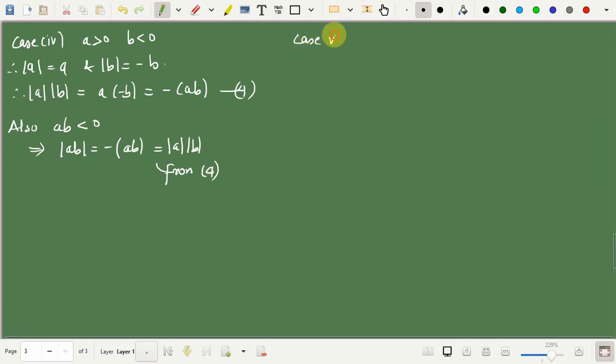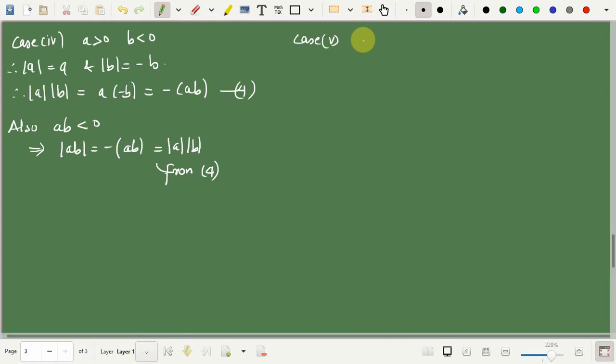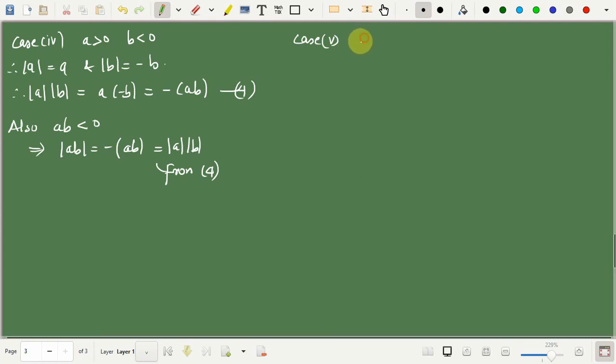Now case 5, in which you would assume, similar to case 4, that a is negative and b is positive. So when one of them is negative, this implies that the product ab is negative, and therefore mod of ab should be equal to minus of ab.